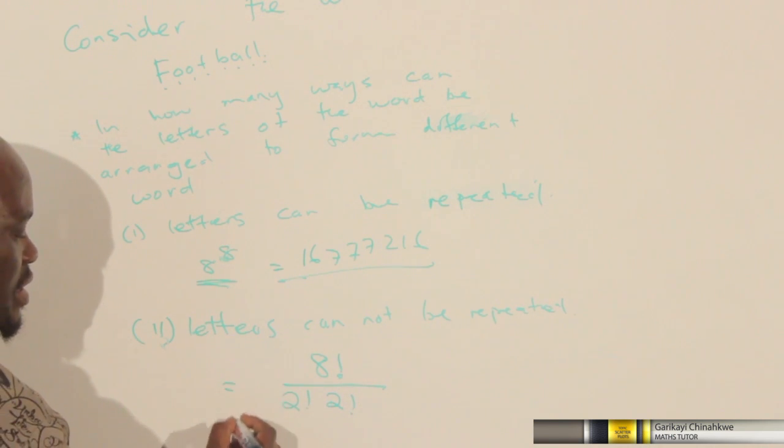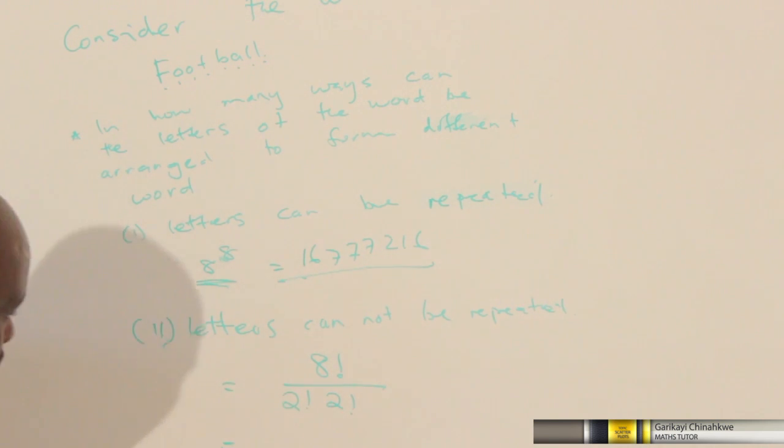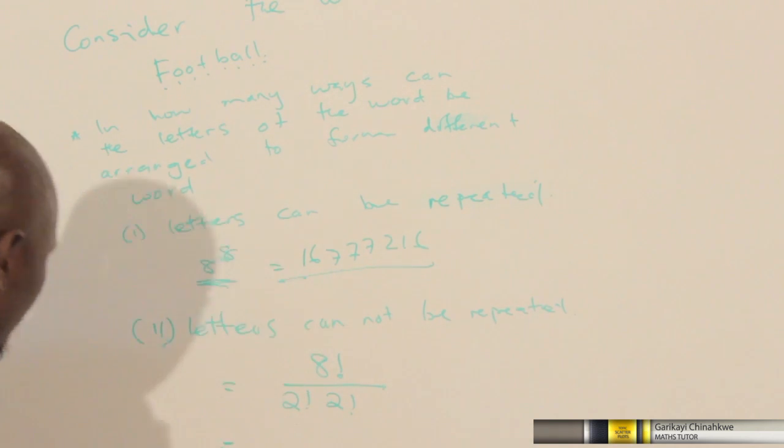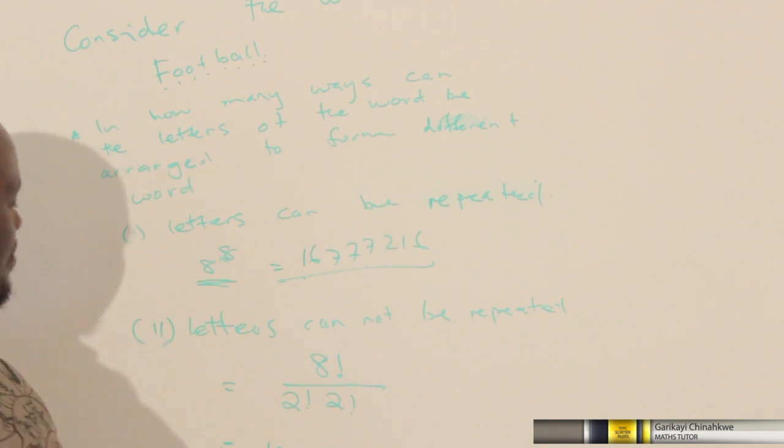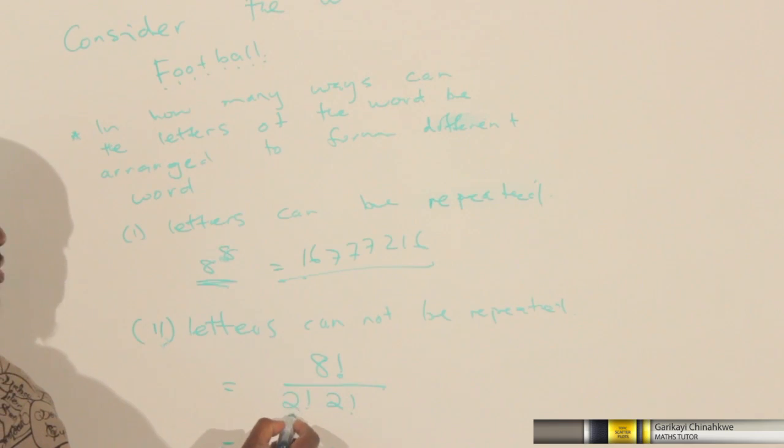So you're going to get 8 factorial over 2 factorial times 2 factorial, which gives us 10,080.